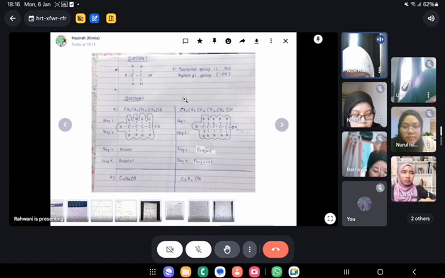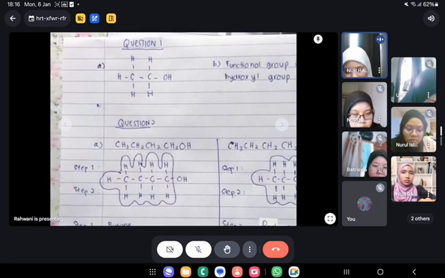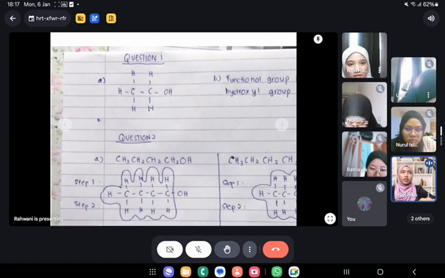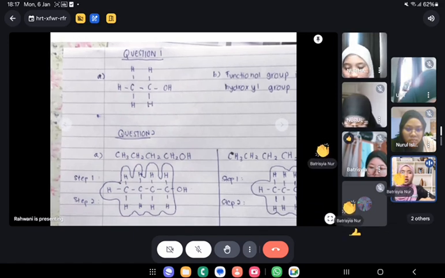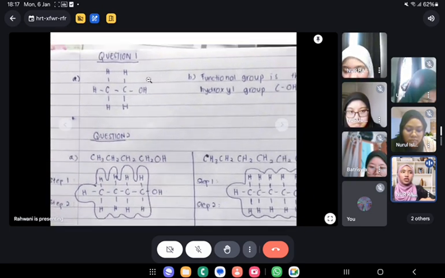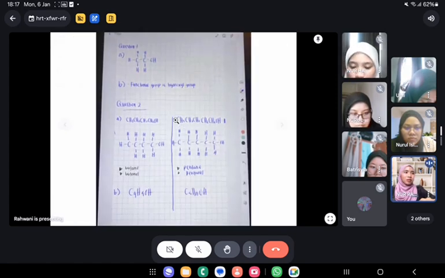Okay, so my answer is, as I stated in my paper, because there are 2 carbon atoms, I wrote 2C, and each C is attached to 5 hydrogen atoms, and 1 carbon atom is attached to the hydroxyl group, which is OH. Is it correct, Miss? Yes, thank you, Hazira. So your explanation is correct. So we have 2 carbon atoms, and each carbon atom is attached to hydrogen atoms, and 1 carbon atom is attached to the hydroxyl group.